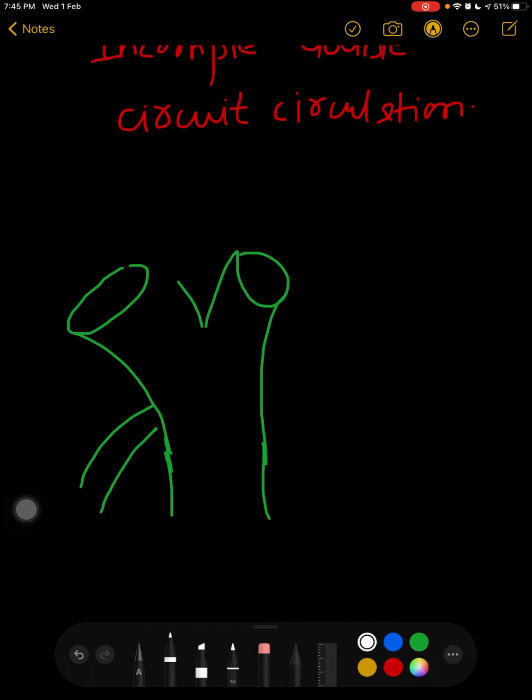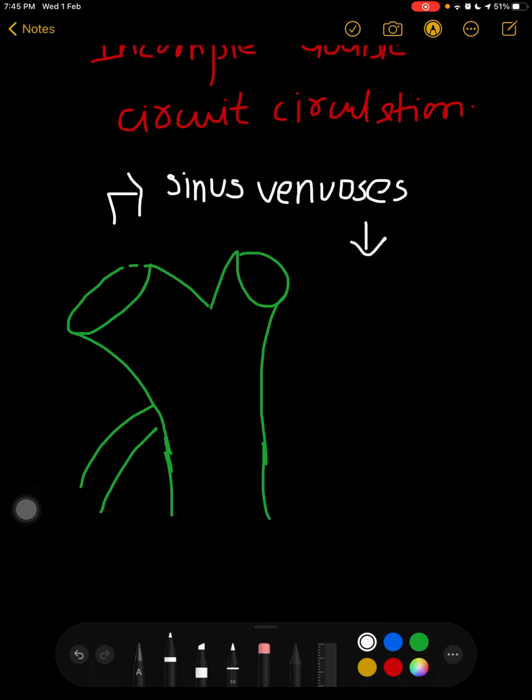So basically, this is known as sinus venosus. This is sinus venosus, from where the deoxygenated blood is collected.